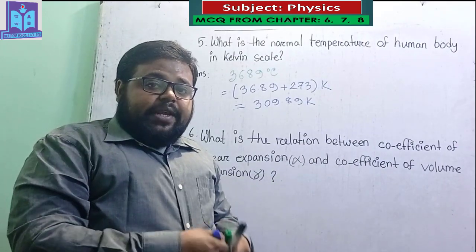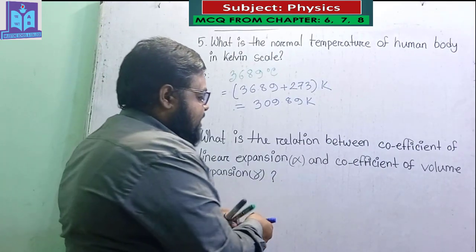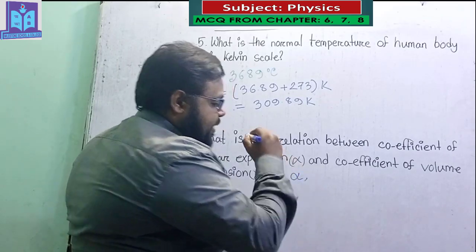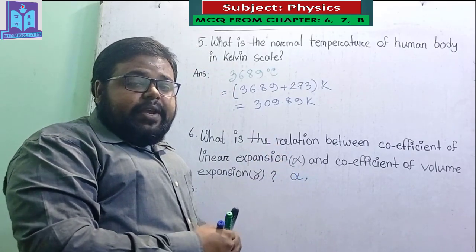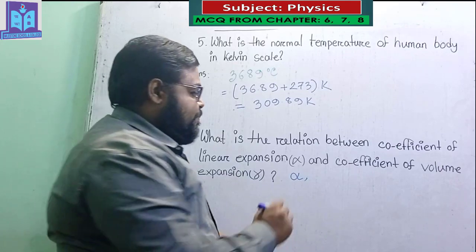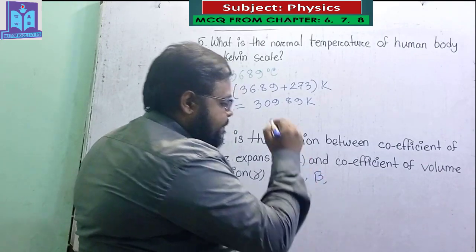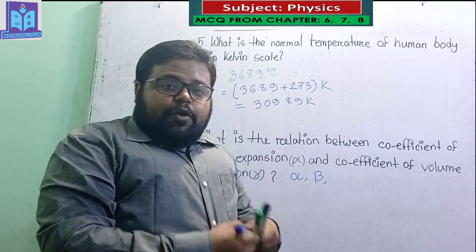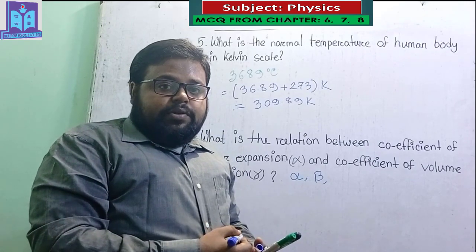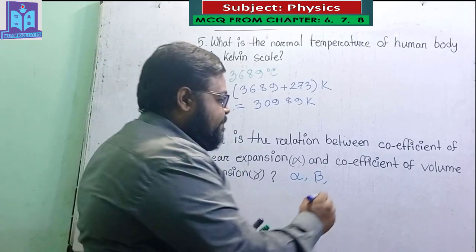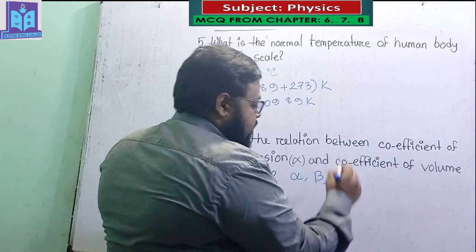The coefficient of linear expansion, which is expressed by alpha, the coefficient of area expansion, which is expressed by beta, and the coefficient of volume expansion, which is expressed by gamma.